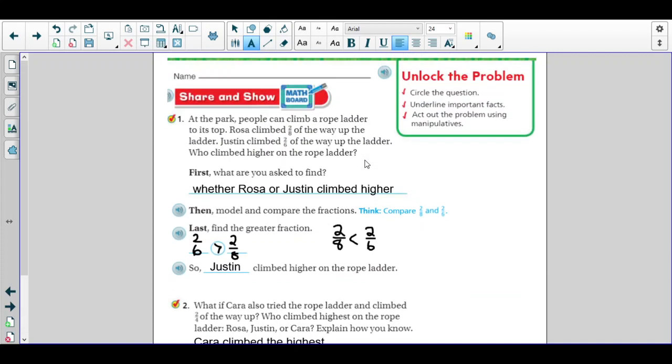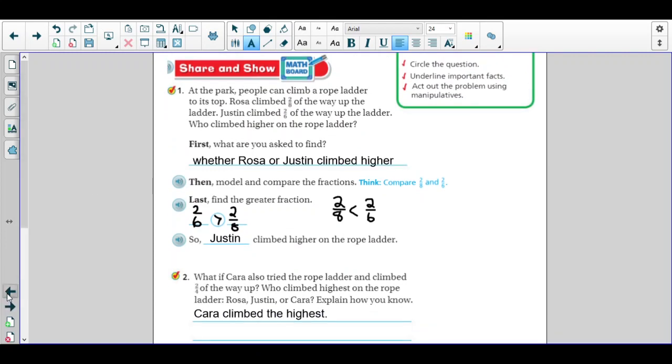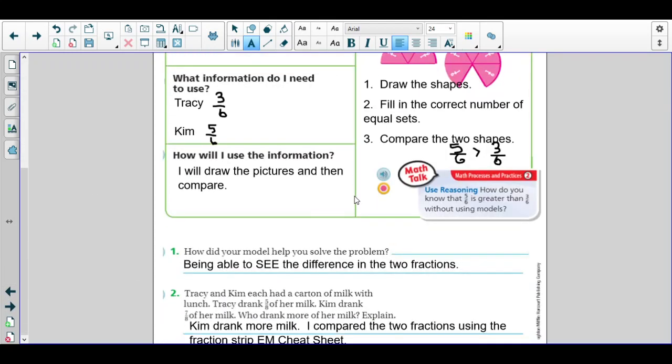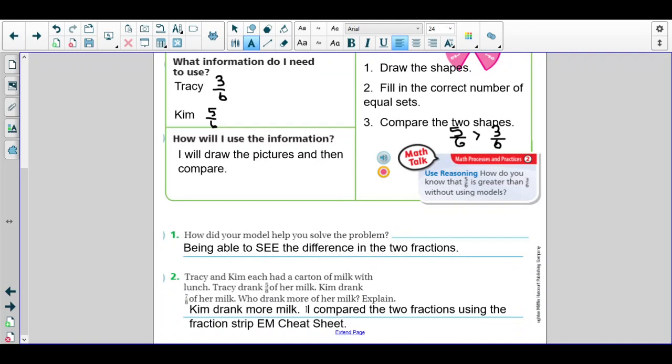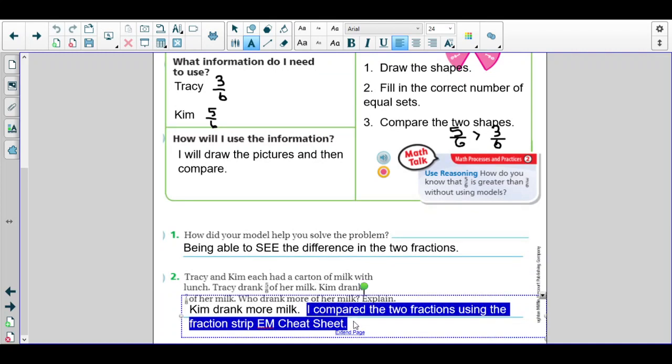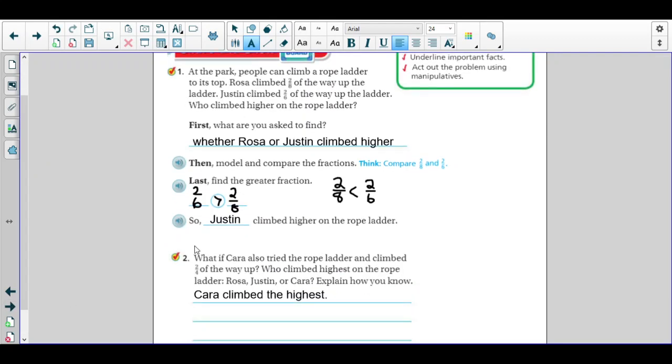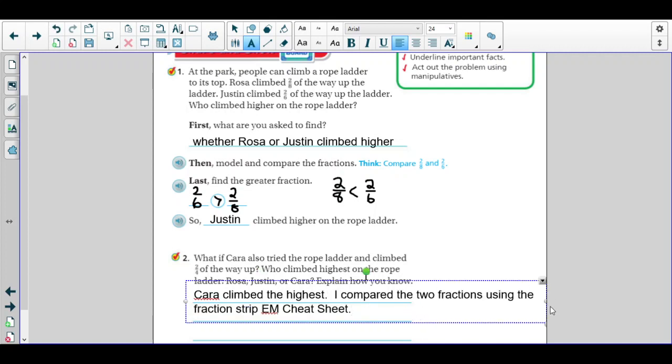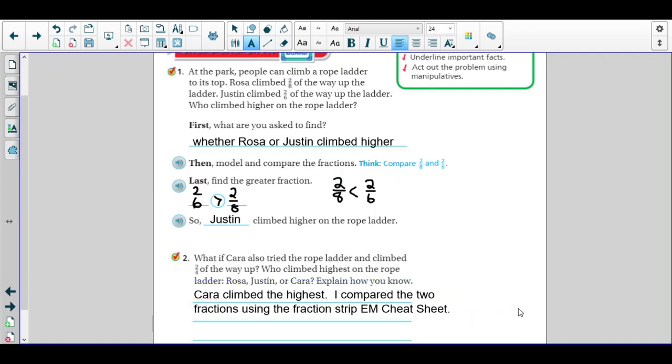My goodness, we can just come right over here to this one. And this would be an acceptable answer. Explain how you know. I compared the fractions using the everyday math fraction cheat sheet.